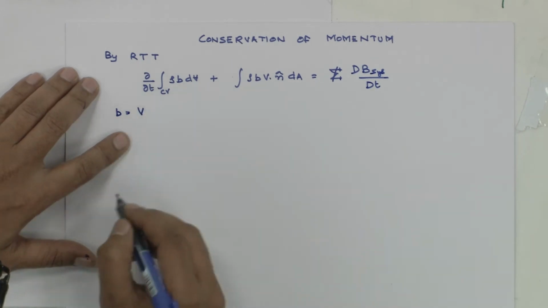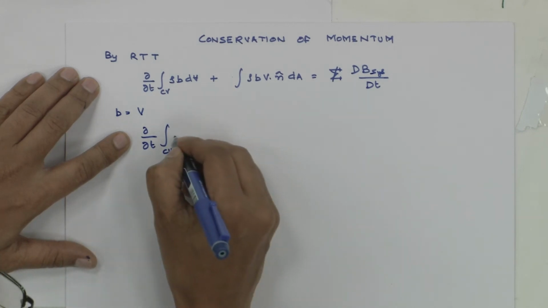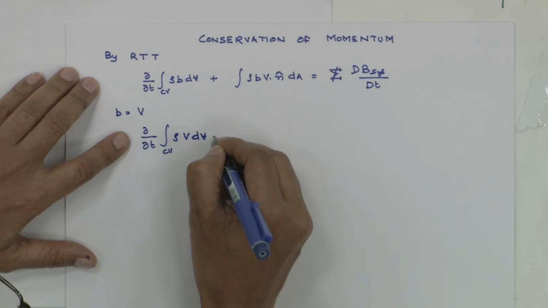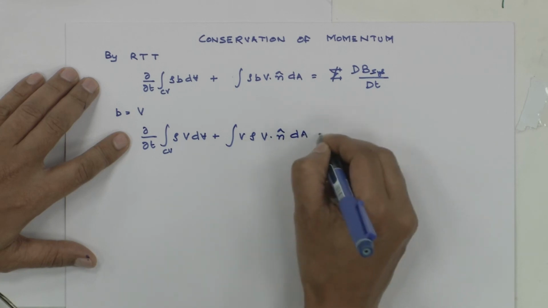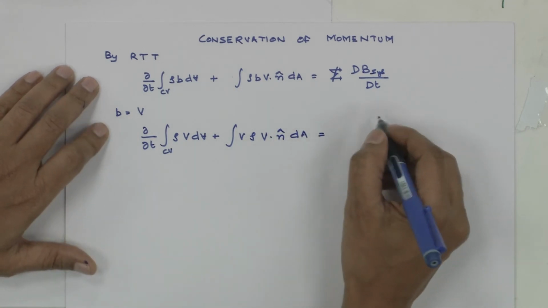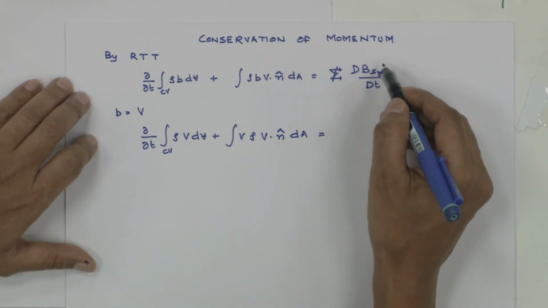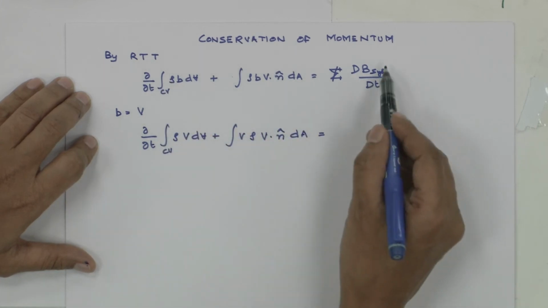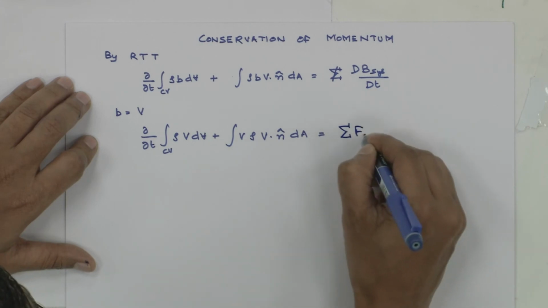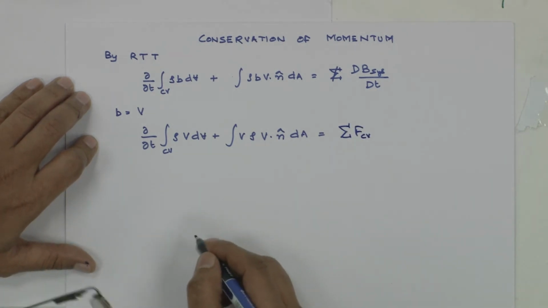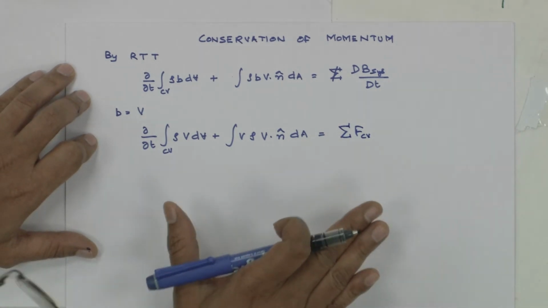So you have del by del t of CV rho V dV plus V rho V dot N dA is equal to, if you recollect our conservation of momentum for a system, the net rate of change of momentum is equal to the sum of the forces acting. So that is sigma of F on the CV, the forces acting on the control volume. This is our mother equation which we are going to build upon.